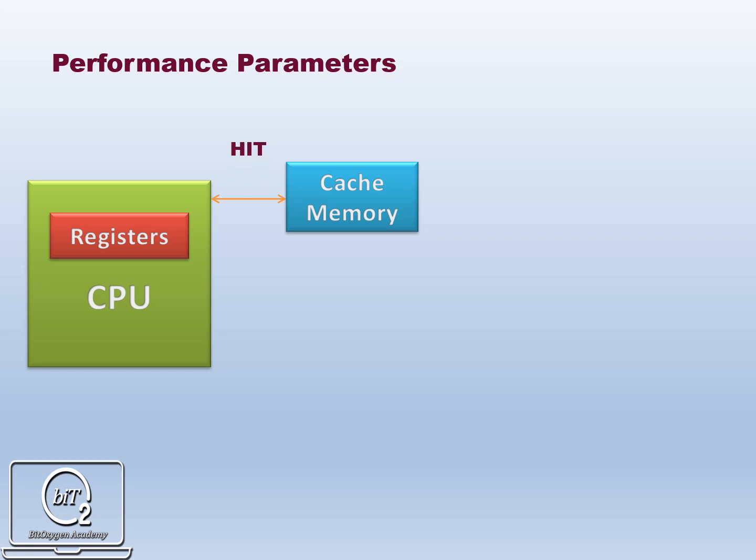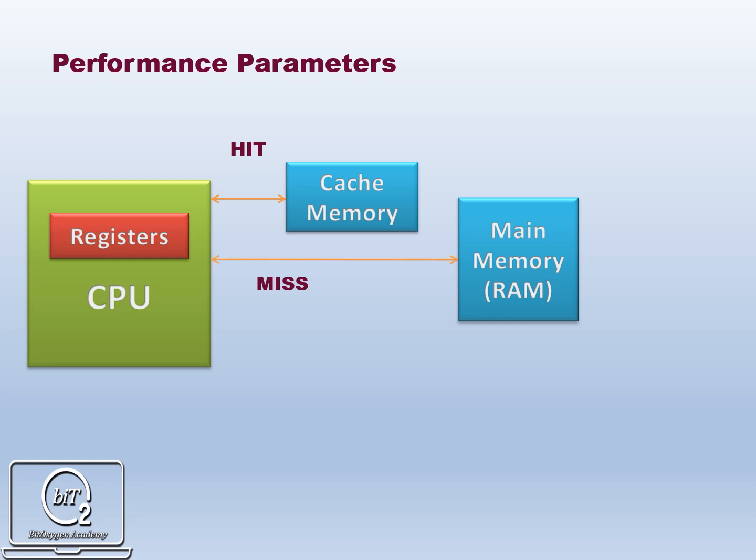Next, if the required data by the CPU is not found in cache memory, then it is known as a cache miss. If a cache miss occurred, meaning data is not found in cache memory, then it will go for second priority, and that is main memory. That means the CPU will search in main memory for data.